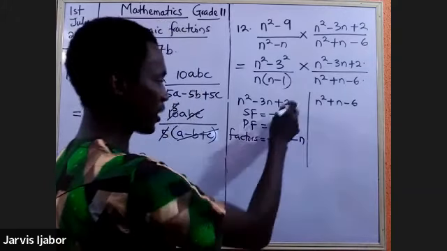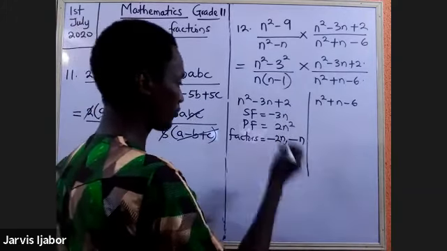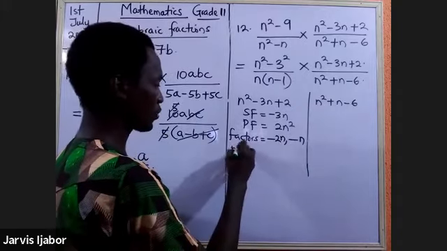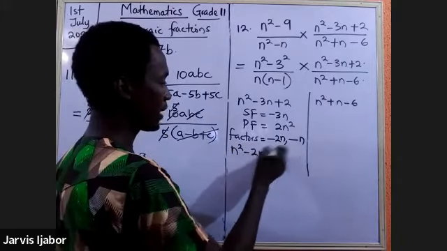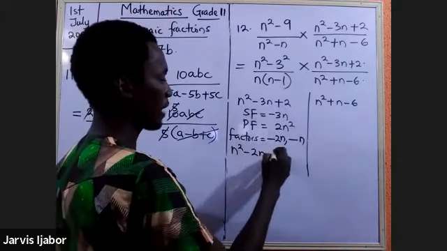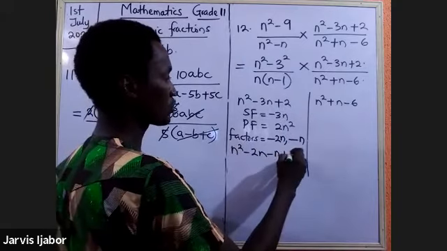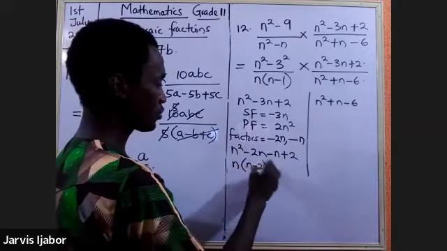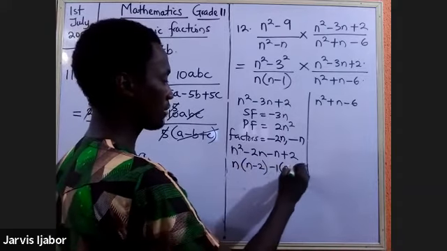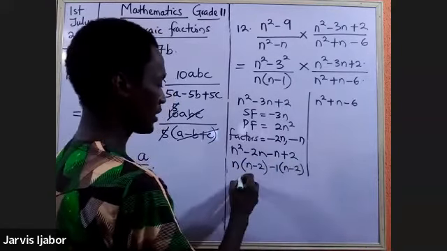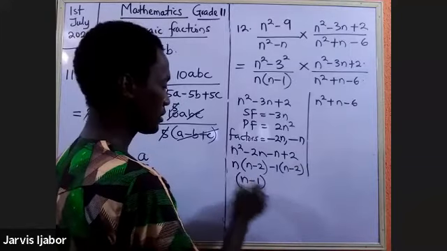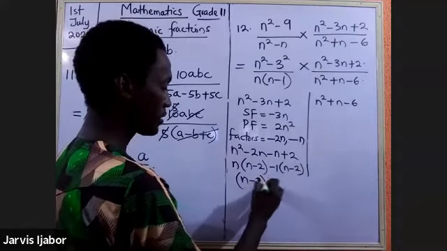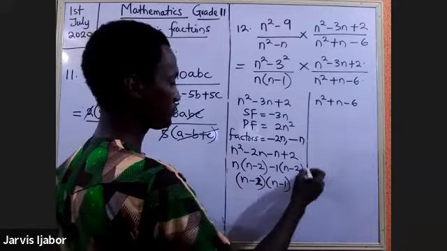If I add this, I will get this. If I multiply, I will get this. So I can finish that one up to be what? N squared minus 2n. We use this to replace this. Minus n plus what? 2. And that will be n into n minus 2 minus 1 into n minus 2. Meaning that this will be n minus 2 into n minus 1.